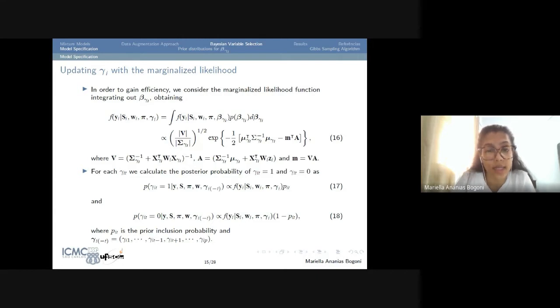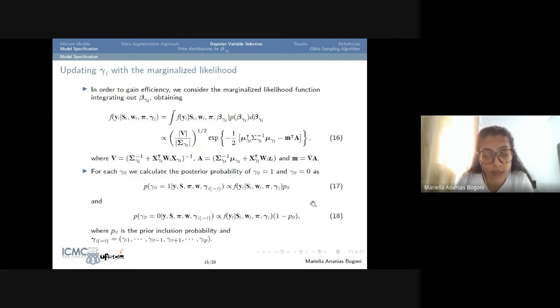We will integrate out the vector beta gamma I, that is the regression coefficients, and we will obtain equation 16. Doing this, considering the marginalized likelihood, the posterior probability of each gamma it will not depend on the value of the regression coefficients.